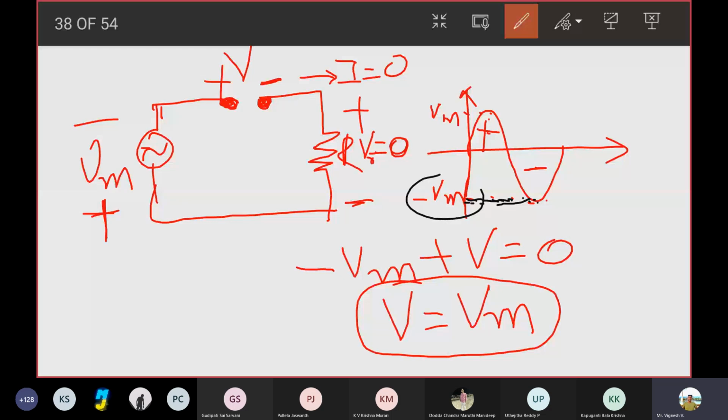This is straightforward. I need not even write KVL for this, because I know for sure that at the input side, the maximum voltage in the negative direction is minus VM. So the voltage V would be VM. So your peak inverse voltage for a half wave rectifier is VM.